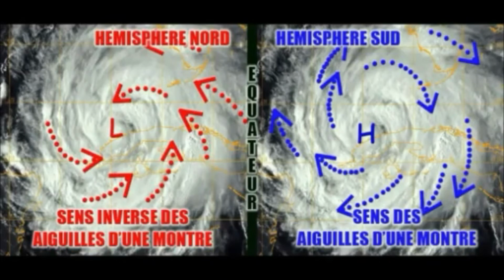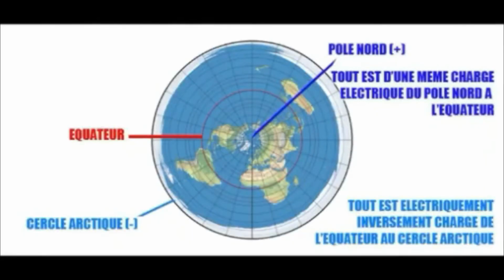Here's a diagram of how storms work on either side of the equator, counterclockwise in the north, clockwise in the south. Everything from the North Pole to the equator is of one polarity or charge.